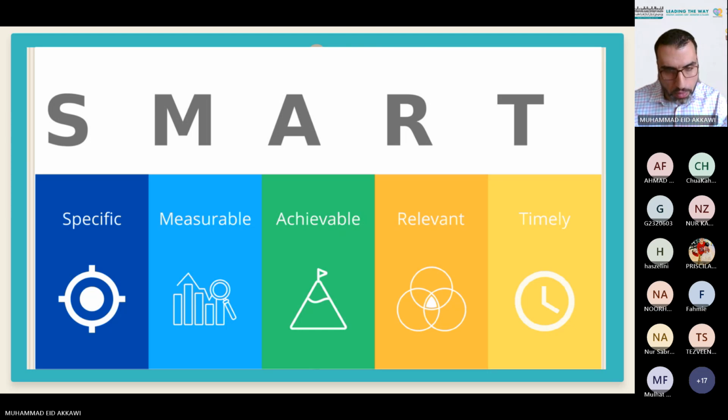And related to achieving your goal, it should be achievable. Okay? Although maybe at the beginning, students may be very eager to have their own research, and they write big goals. It's good, of course, to think big and to have very impactful research, but at the same time, your objectives should be feasible, should be doable.